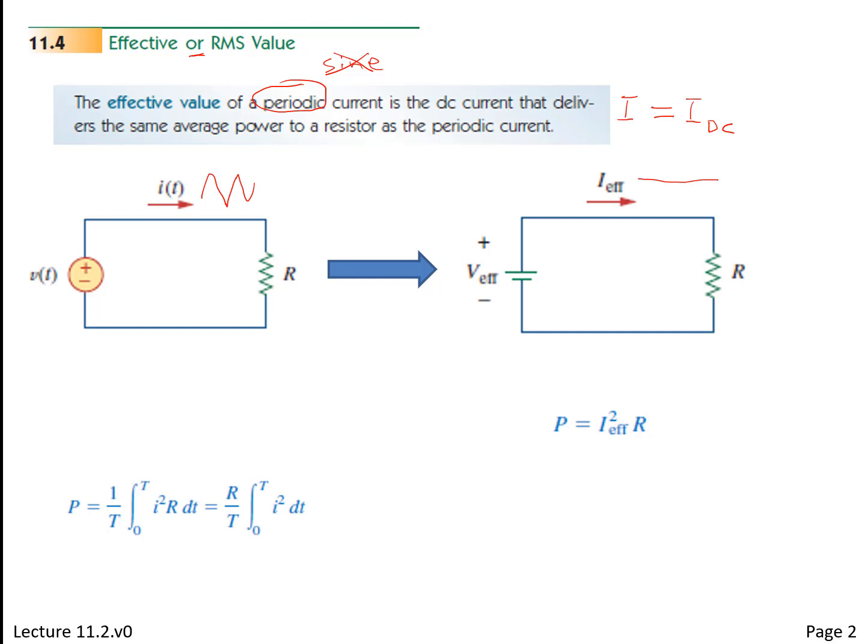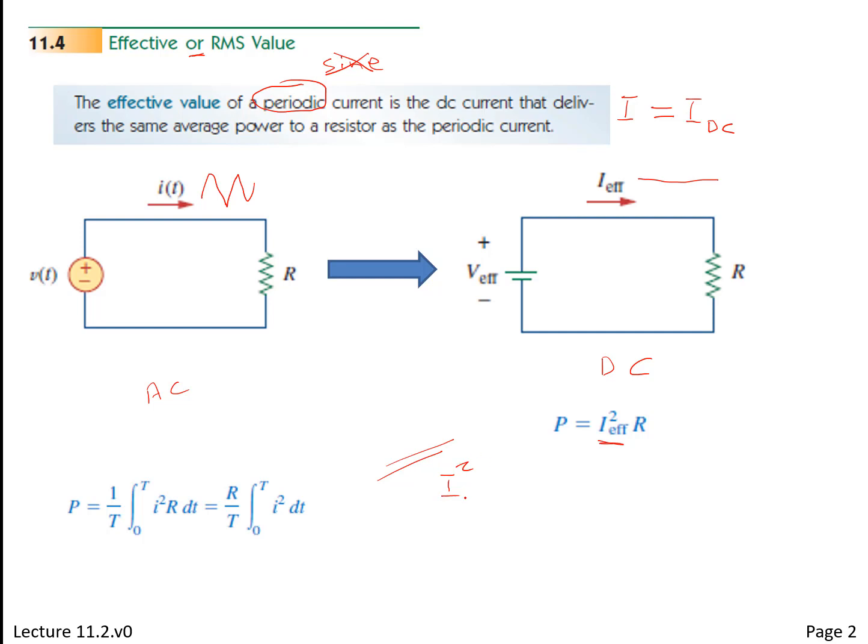So what we want to do here now, we have two versions of power, one on the AC side and one on the DC side, right? AC and DC. All right, so if we equate these two, what do we get? Right, if we equate them and solve for the current, let's just take it a few steps then.